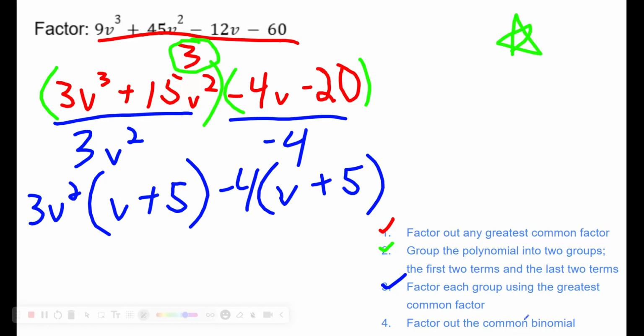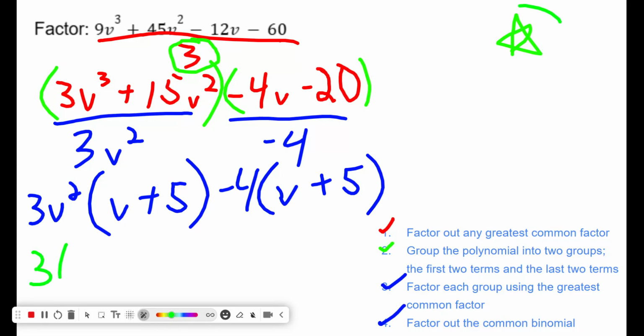Look at that, we did it again. We've got a common binomial. Oh, love that. Let's rewrite this. And we've got, remember my star. We've got 3 times 3v squared. Wow, that does not let me write that.